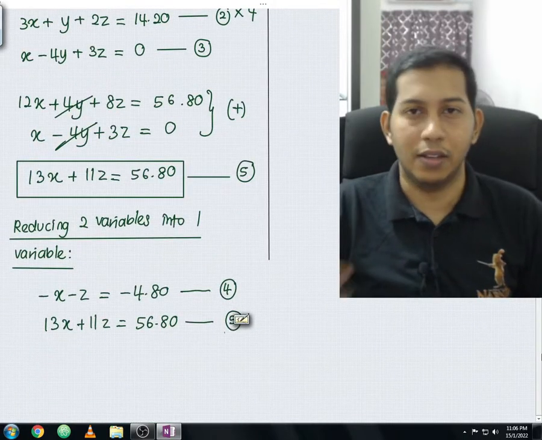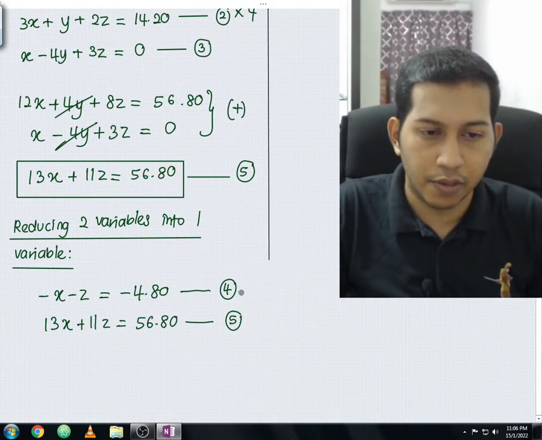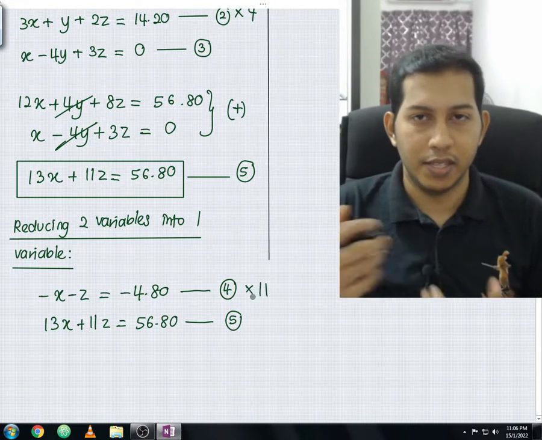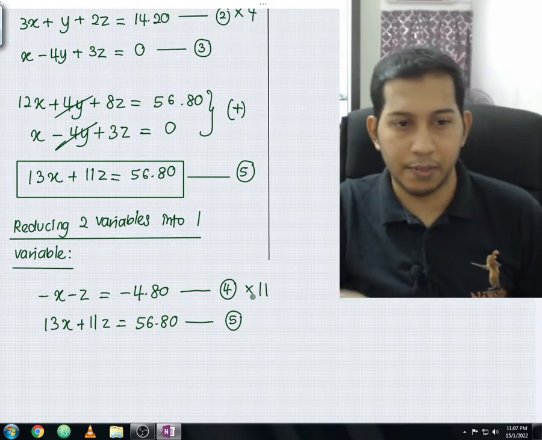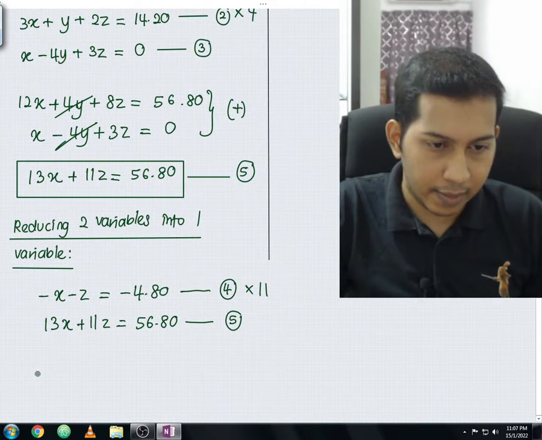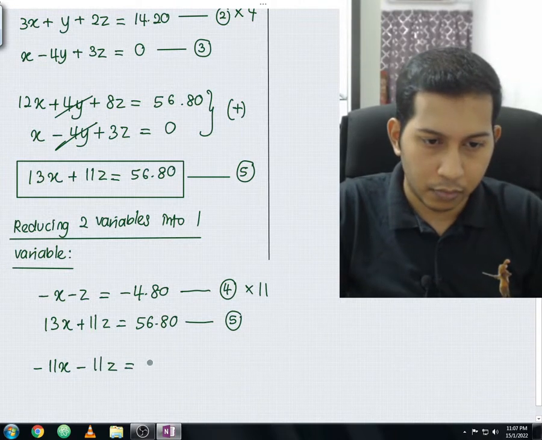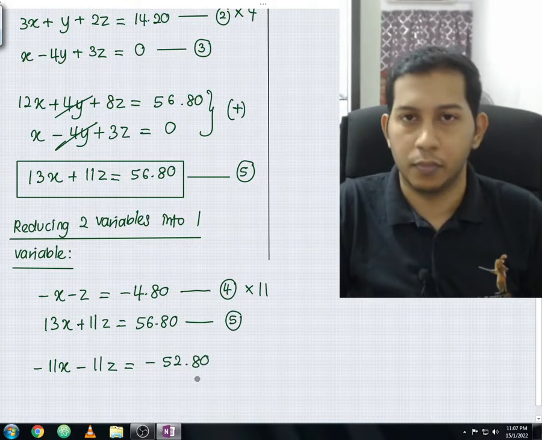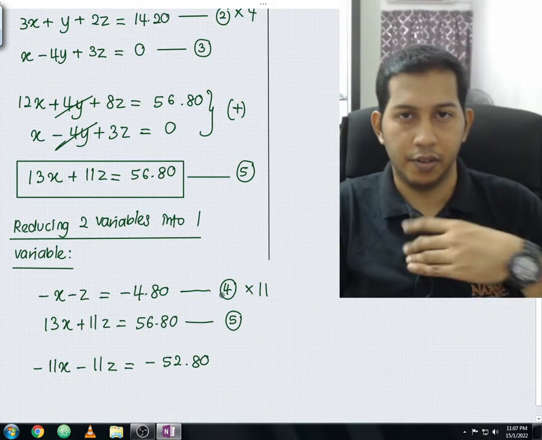In order to eliminate the z variable, the equation 4 you times the whole equation by 11, so it will be easier for us to eliminate z. So you get negative 11x minus 11z equals negative 52 ringgit 80 cent. So this will be your new equation 4.